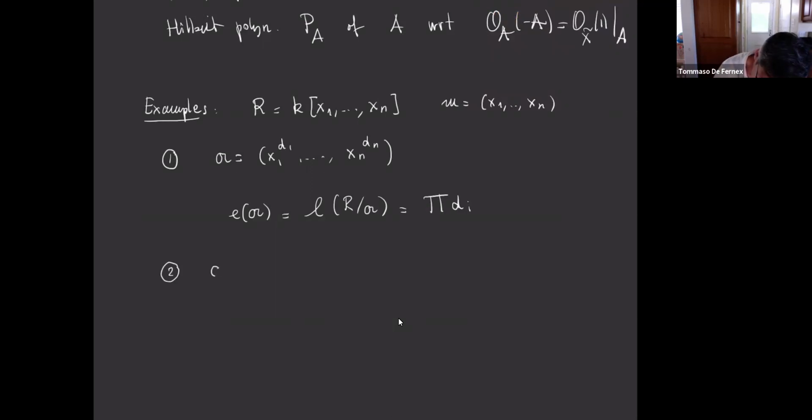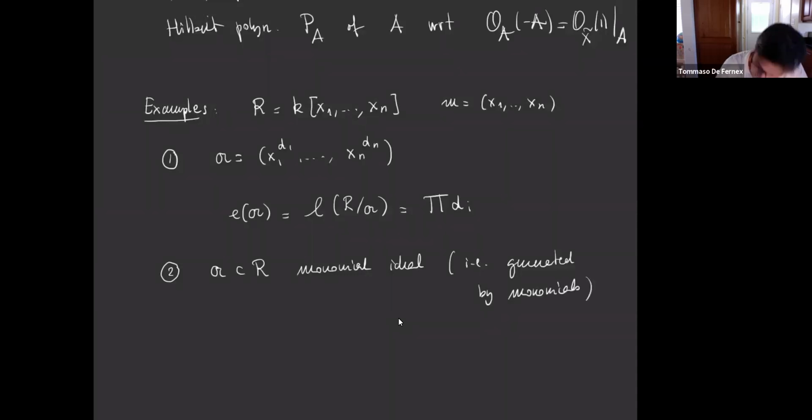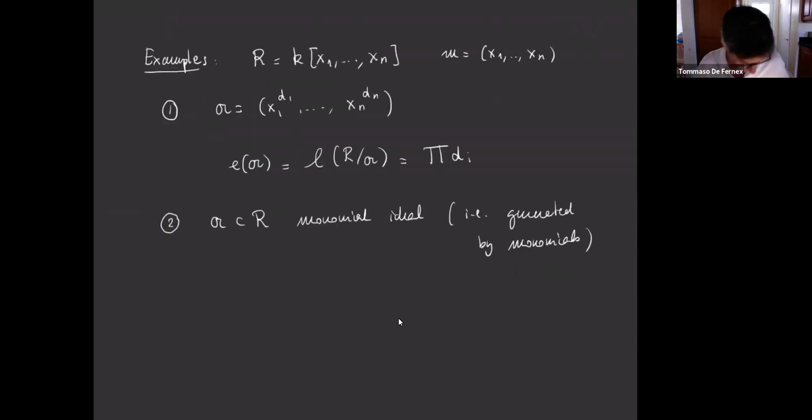So suppose A inside a polynomial ring is a monomial ideal, which means A is generated by monomials. Some notation: I'm going to use x^u to express x1^u1 all the way to xn^un, a vector notation for monomials.